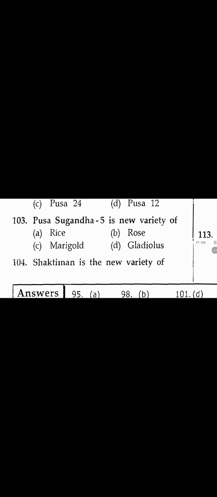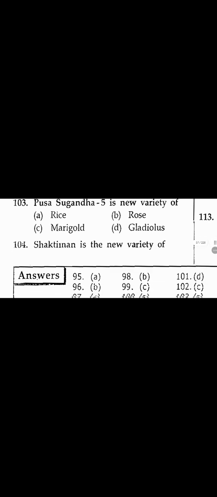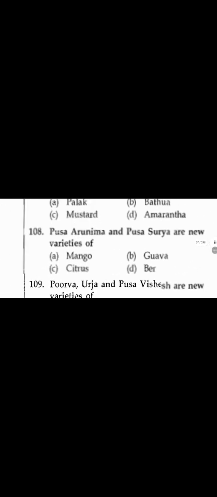Question number 103. Pusa Sugandha 5 is a new variety of rice. Yes. Question number 104. Shaktiman is a new variety of, option C, maize. Question number 105.